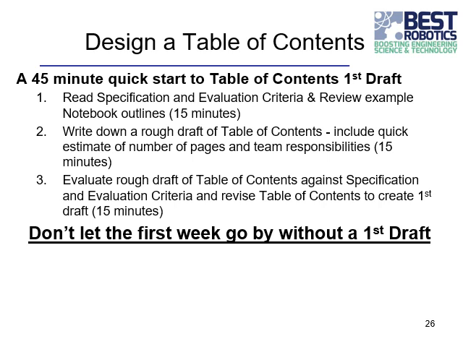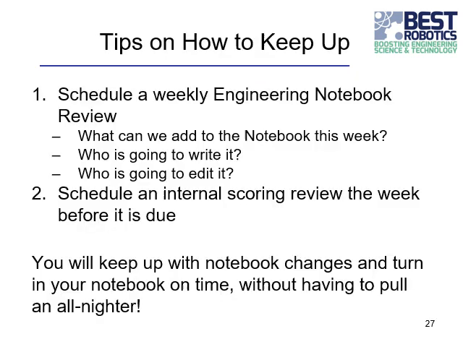Include on each one of those maybe the number of pages you're going to have and talk about who on the team is responsible for those sections. And then go back and look at your rough draft, kind of test it against the specification and see if everything's in there. And I highly recommend you don't let the first week go by without having a first draft of your table of contents.